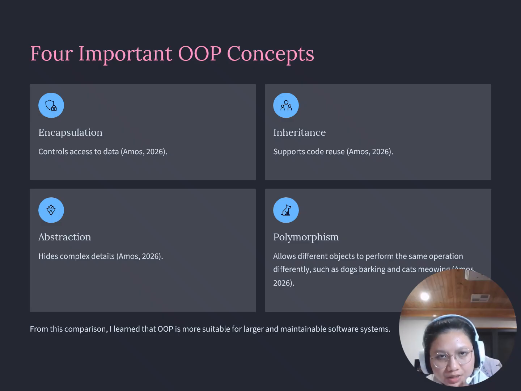OOP has four key concepts: encapsulation, which controls access to data; inheritance, which supports code reuse; abstraction, which hides complex details; and polymorphism, which allows different objects to perform the same operation differently, such as a dog barking and a cat mewing. From this comparison, I learned that OOP is more suitable for larger and maintainable software systems.